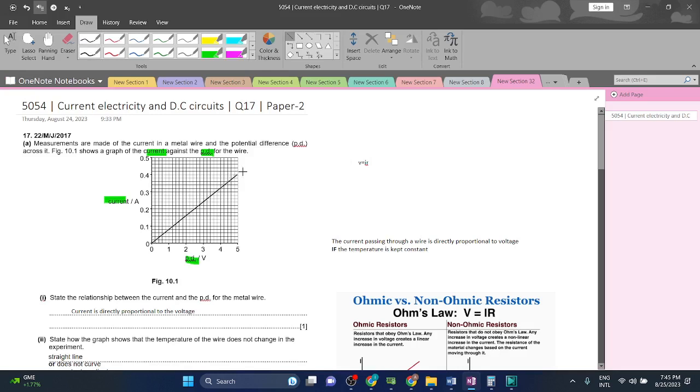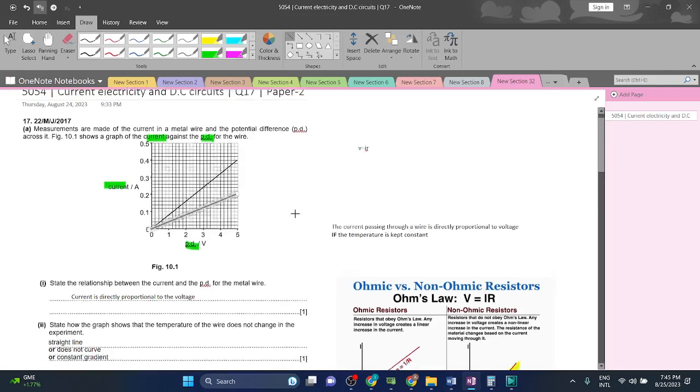So this is at 0.4, and we will bring it to 0.2, because that is what the signs are indicating.